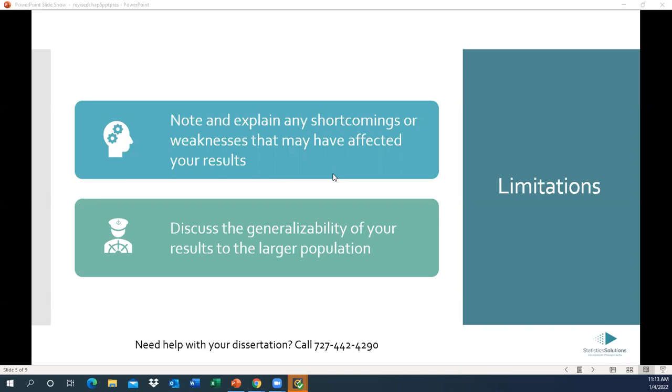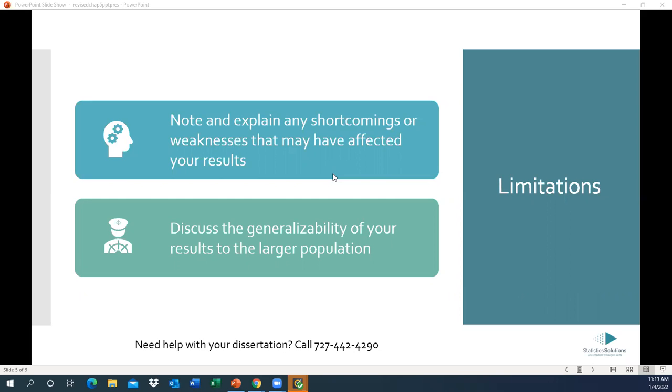And limitations are not really challenges. If you had a challenge, but you met the challenge, that's not really a limitation, because it didn't really affect anything. But if something happened where you couldn't get the data set that you wanted, and you had to use a different data set, that would be a limitation, because it has the potential to change things.